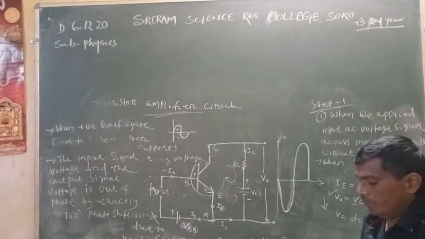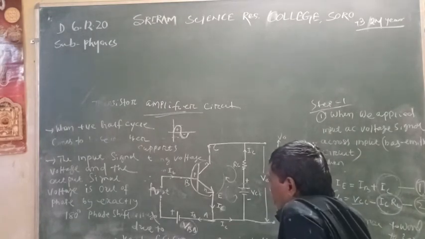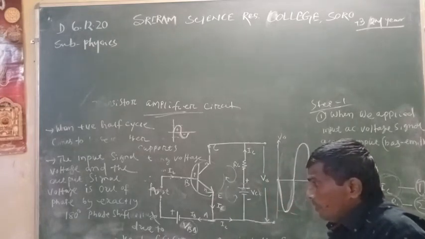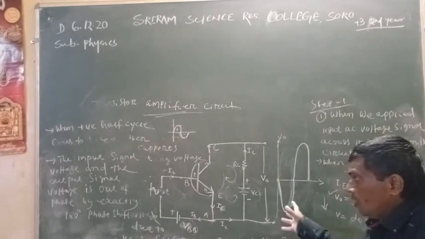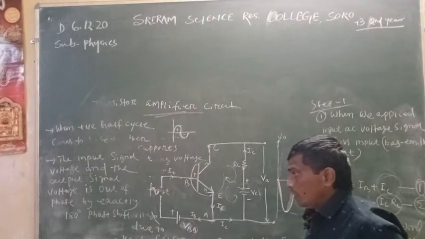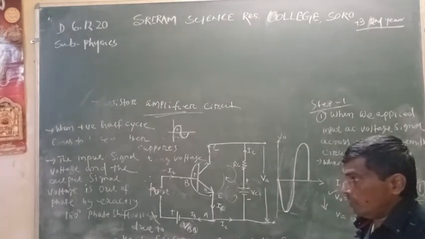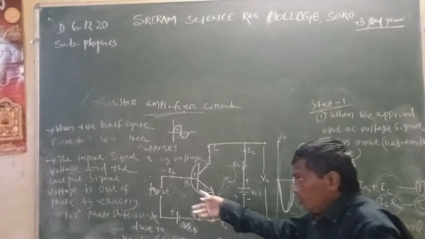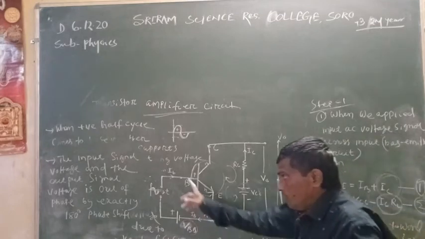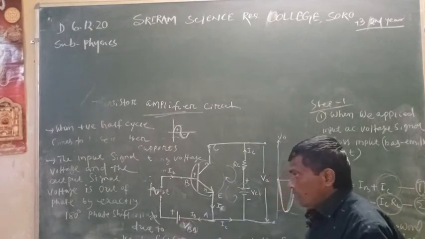Now again we briefly talk about this. So this is the transistor amplifier circuit. Amplifier means increasing the gain of the input signal when the input signal voltage is applied to the input circuit, the base emitter junction. Now the positive half cycle of the AC signal supports the biasing voltage.